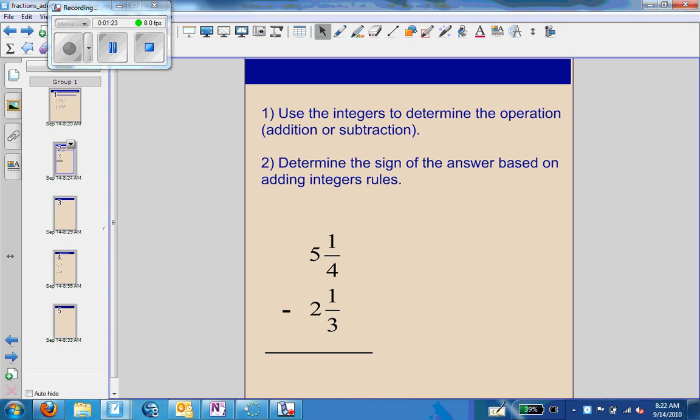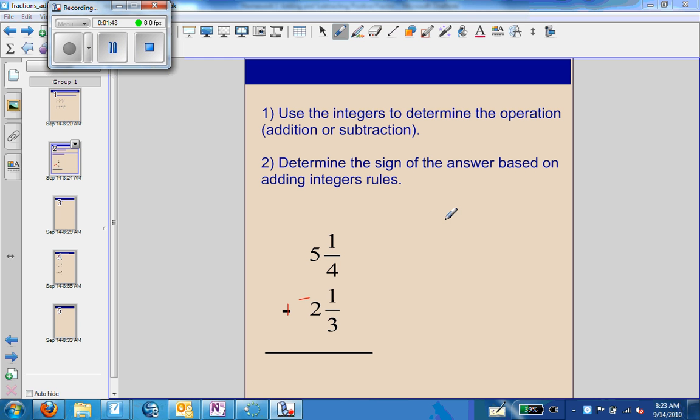This is actually just a regular subtraction problem, but I'm going to go ahead and change it to adding the opposite. Now, one thing to keep in mind is that the entire value of 2 1/3 is negative.